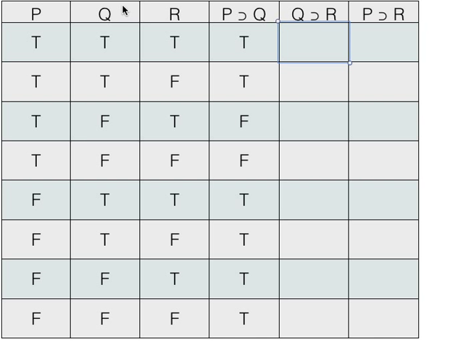Here we're looking at the 2 columns Q and R, right? So when Q is true and R is true, then the conditional is true. When Q is true and R is false, R again is the consequent here, the conditional is false.